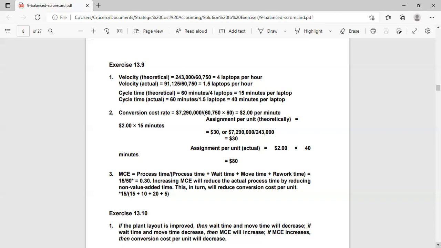And in number 3, we calculate MCE. How does MCE relate to the conversion cost per laptop?